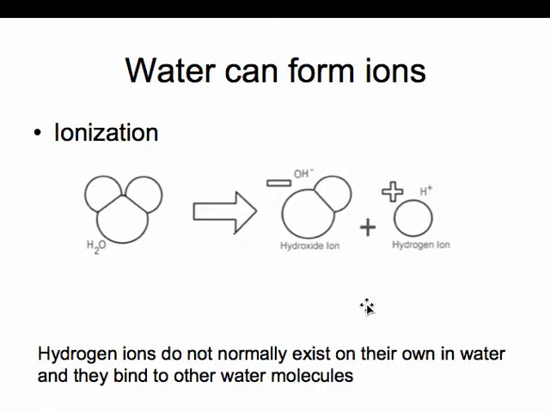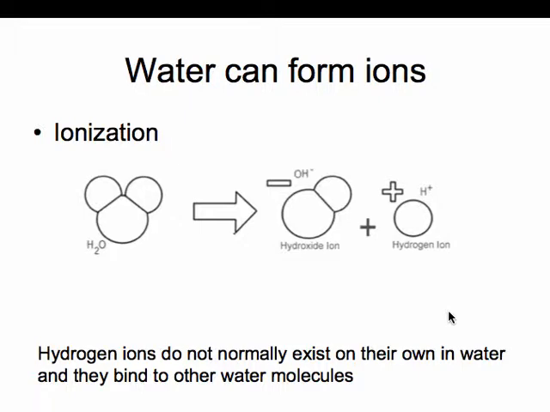Lastly, water can form ions, and we call this ionization. So here's a water molecule, and water molecules can dissociate or break apart. And when they do, they form hydroxide ions, you could see it here as OH negative, and hydrogen ions, which is written as H+. And so we have a negative and a positive ion that result.